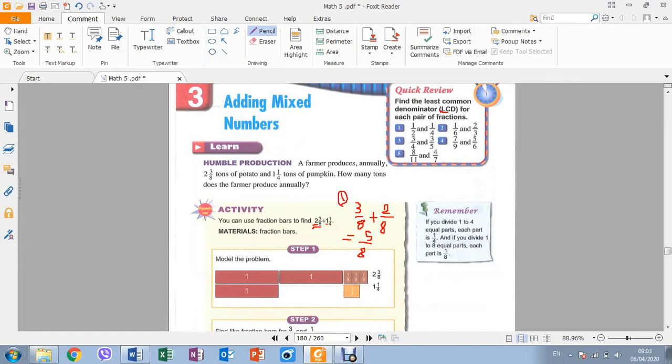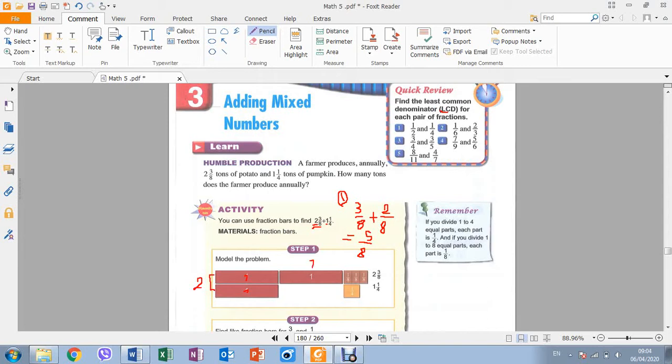The second step, we have two whole numbers, 2 plus 1. The first number is 2, and the second number is 1.